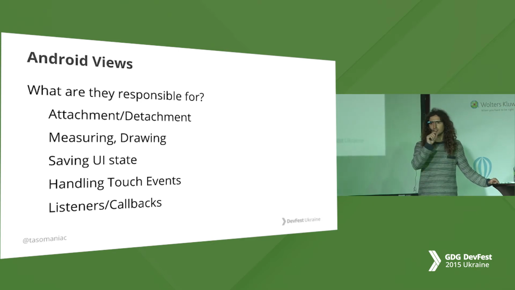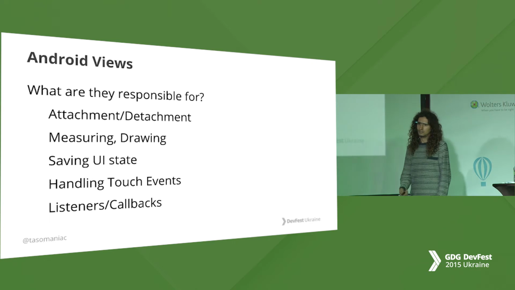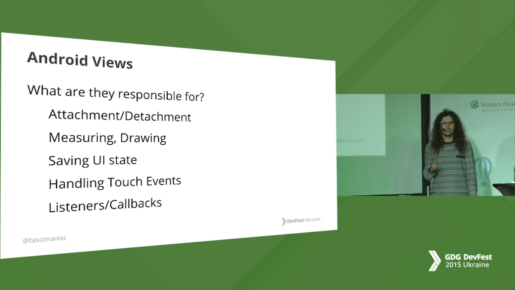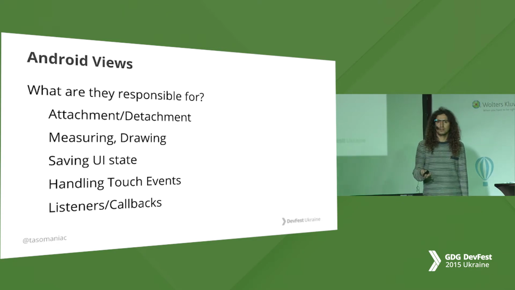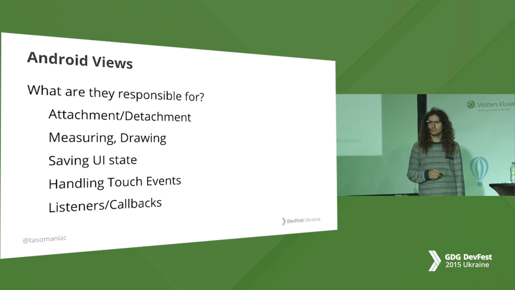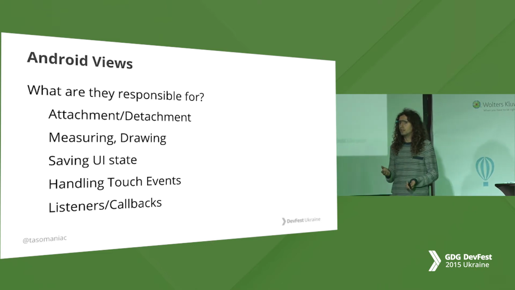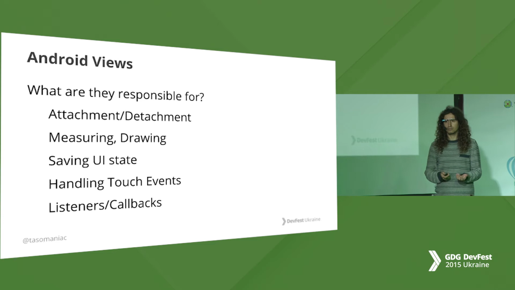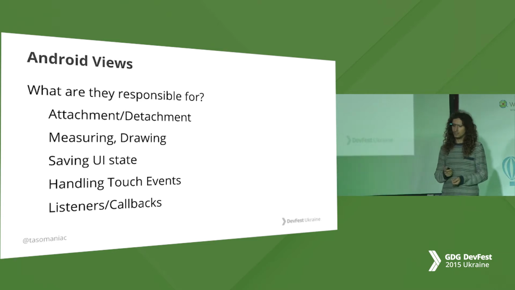Imagine if you have a text field, an edit text, you write something into it, and when you rotate the screen or go back to home and come back later, you will have the already entered state saved, right? So they also, of course, handle touch events. For example, buttons have click listeners, and from time to time you may have gestures like swiping from left to right, and they are all handled by the views themselves.